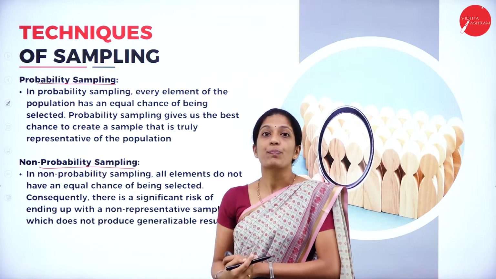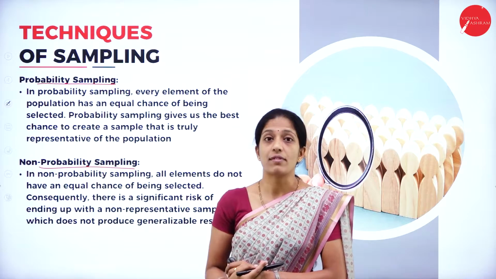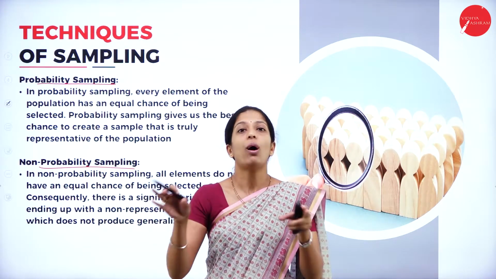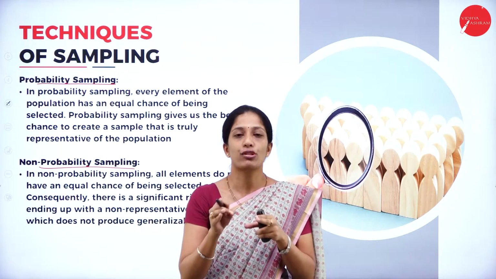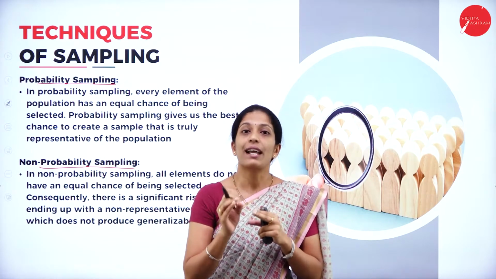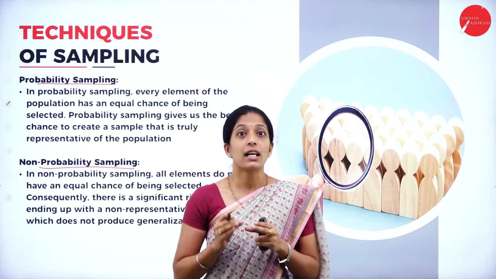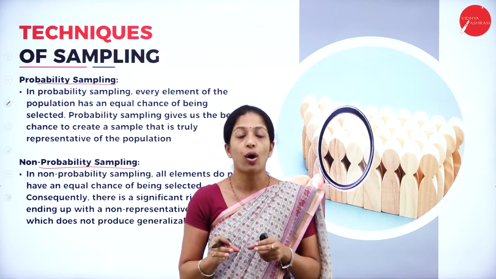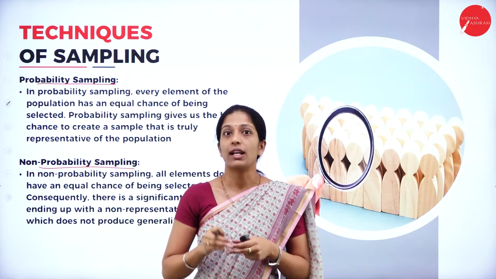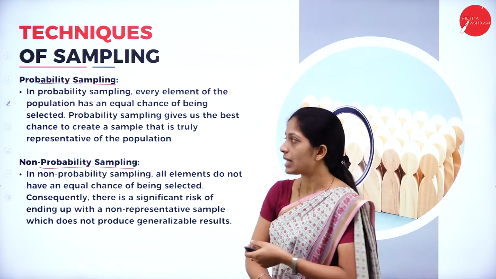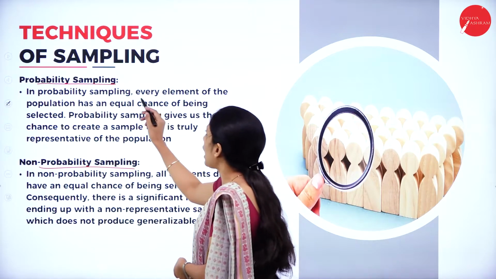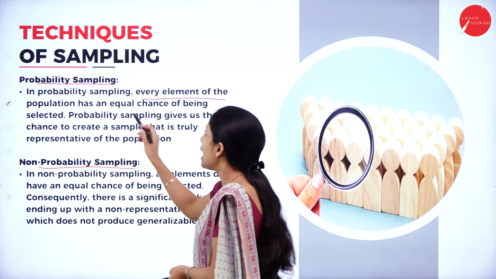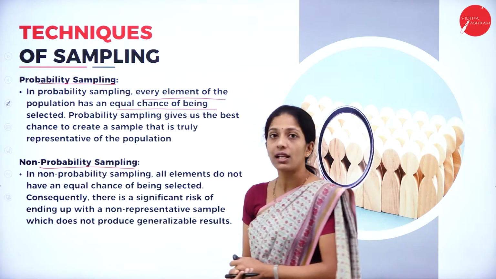Now, what is probability sampling? We have already discussed that under probability sampling, the researcher will involve all the individuals of the population in the collection of information. Each and every individual in the population will actively be involved while collecting the information. That is known as probability sampling. In probability sampling, every element or every individual of the population has an equal chance of being selected.